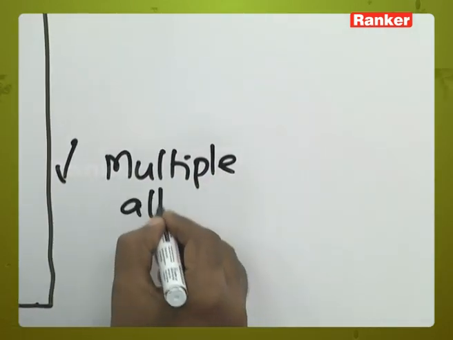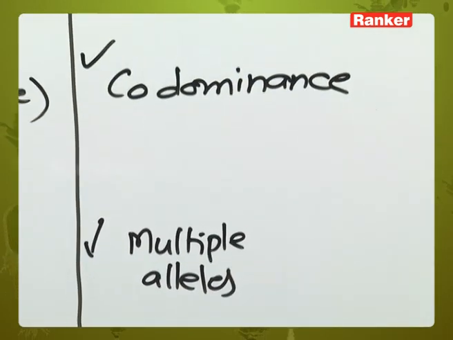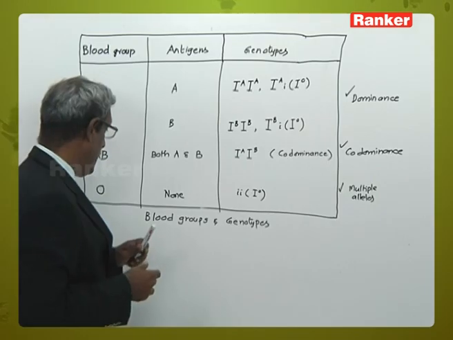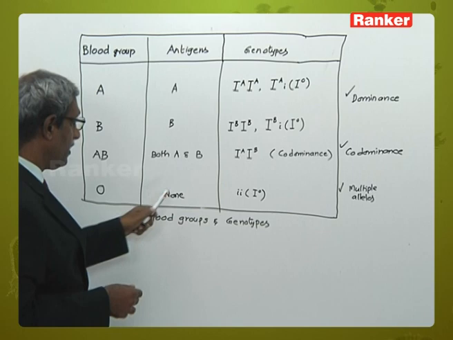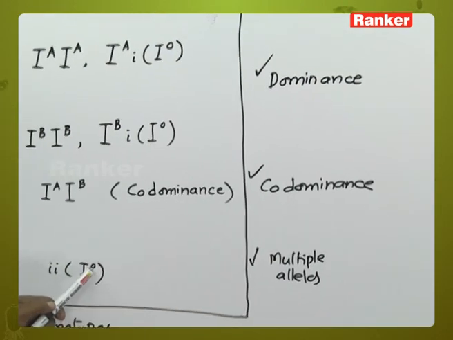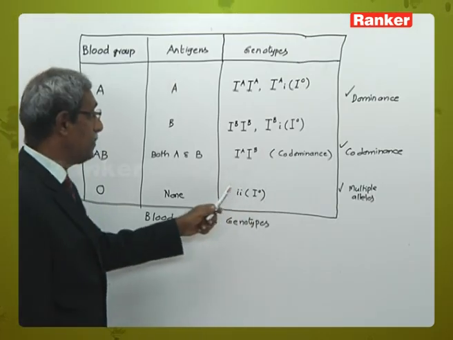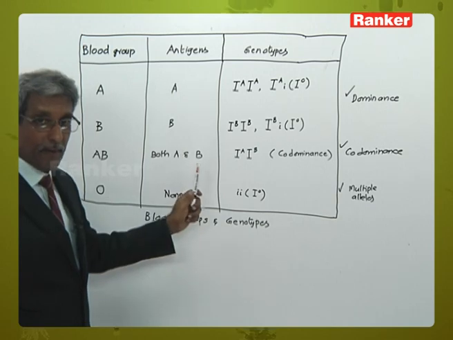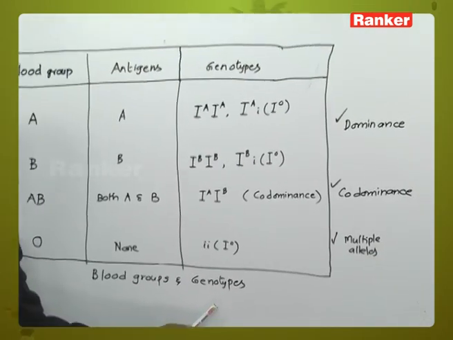Many alleles are present in a series at the same locus on a chromosome. And O does not have antigens. It is designated by the genotype small ii as well as IO. Many of the problems which will be solved are based on a recapitulation of this table of blood groups as well as the genotypes.